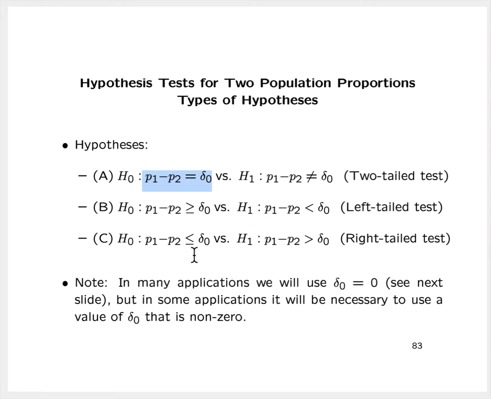And then finally, the right-tailed test, in which the null hypothesis says that the difference in the population proportions, P1 minus P2, is less than or equal to delta 0, versus the alternative hypothesis, which says that P1 minus P2 is greater than delta 0. Now, in many applications, the appropriate value to use for the hypothesized difference delta 0 will be zero.